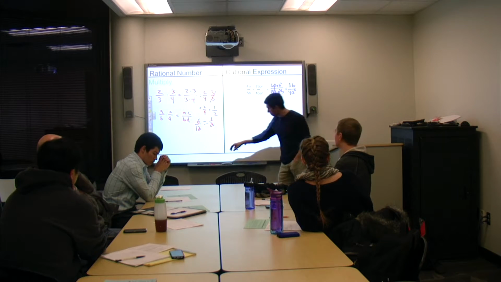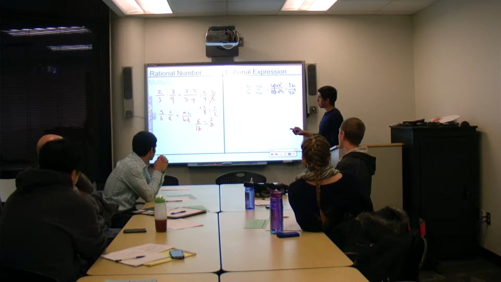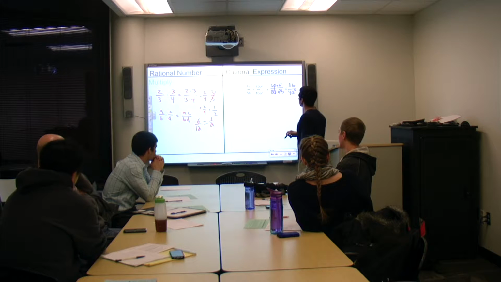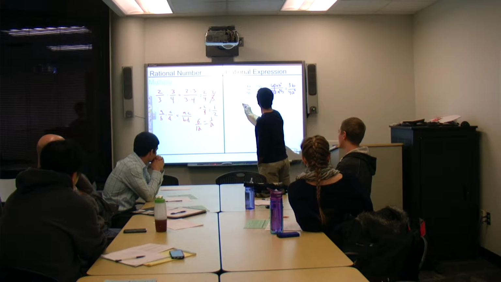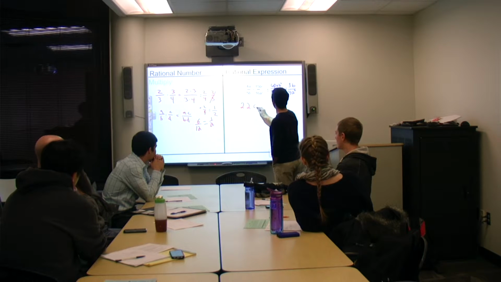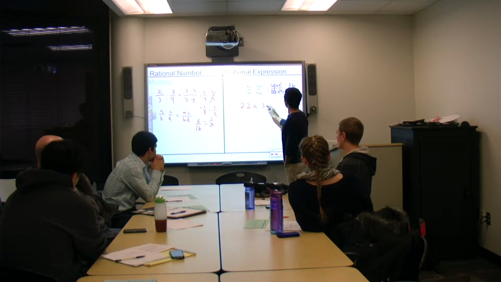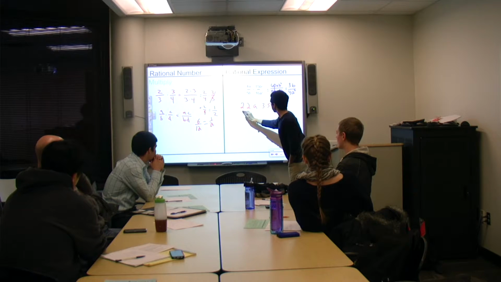We can also use our other method that Greg used over here, and that's to factor it out first and then cancel. If we were to do that, we get 2 times 2, I factored out the 4, times a, times I factor out the 15 to get 3 times 5, and I factor out the b.